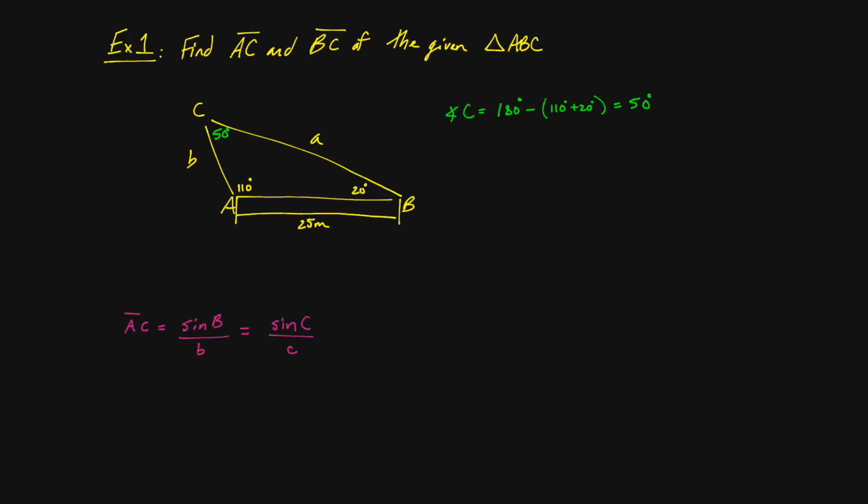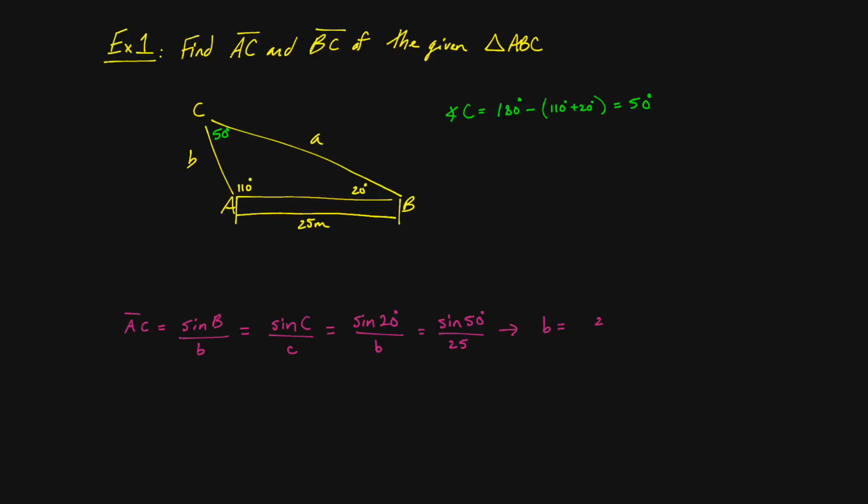Let's start plugging in information. Sine of 20 degrees over B, since we're still looking for B, is equal to sine of 50 degrees over 25. We're not going to include units right now because everything is in the same units, but I will have that in my final answer. So I'm going to isolate B by cross multiplication, then dividing by sine of 50.